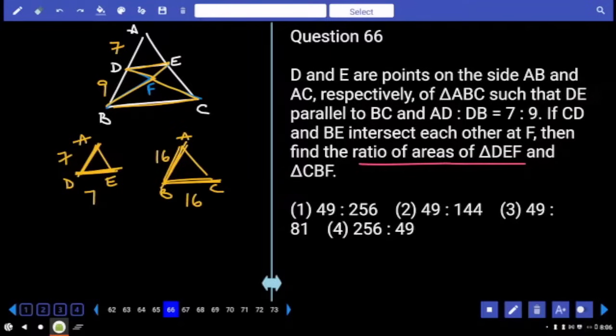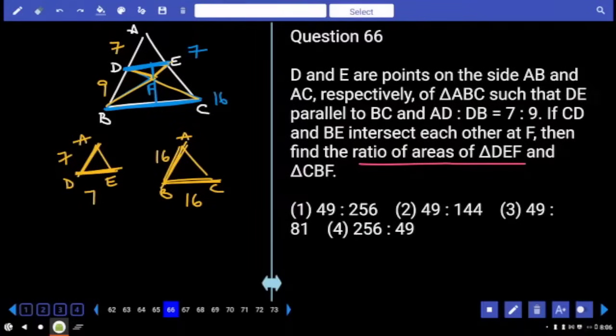Now, triangle DEF, where DE is equal to 7 and BC is equal to 16. Their heights also will be in the same ratio, 7:16, because those two are similar triangles again.